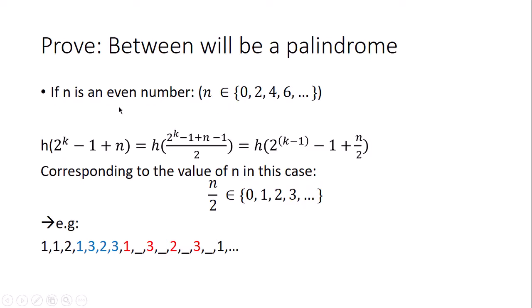First, if n is an even number, so n belongs to this set 0, 2, 4, 6. You can see it still uses the same trace, that 2n plus 2, because it's an even number, will equal f(n+1) plus f(n). So you have to take 2 to the power k minus 1 plus n and divide by 2, because right now it is an odd number.